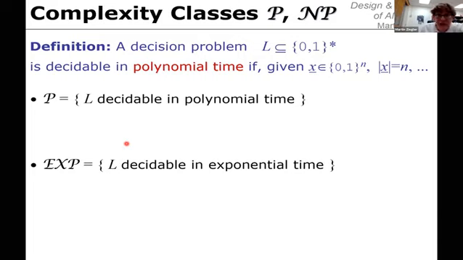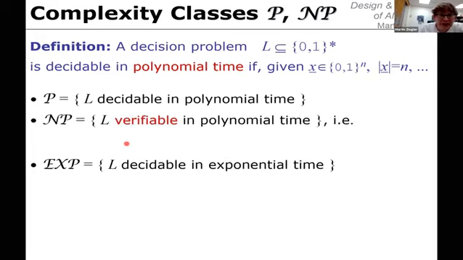And between these two classes, P and EXP, for which complexity theory has not managed to show that they're different, there are classes for which we don't know whether they're different from P or from EXP, or different from both. And that's this famous complexity class NP, the class of all decision problems that can be verified in polynomial time. Now, what does it mean to be verifiable in polynomial time?